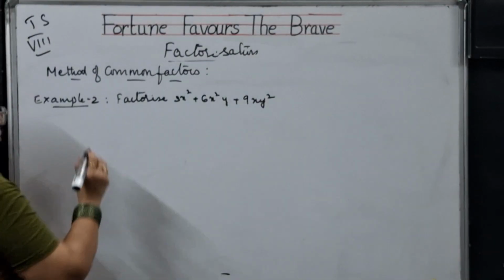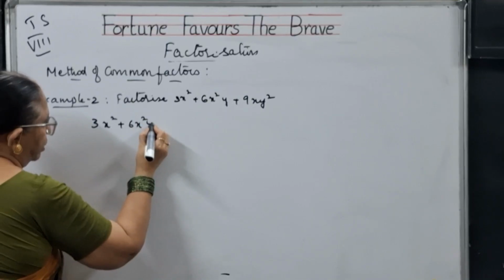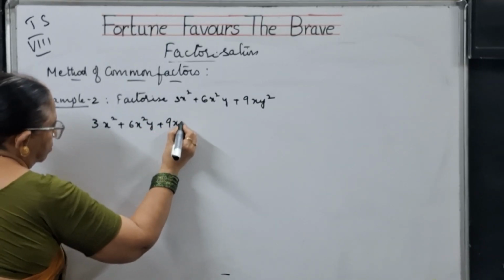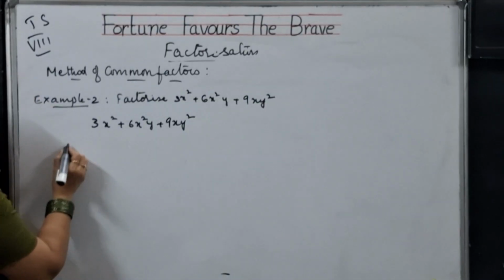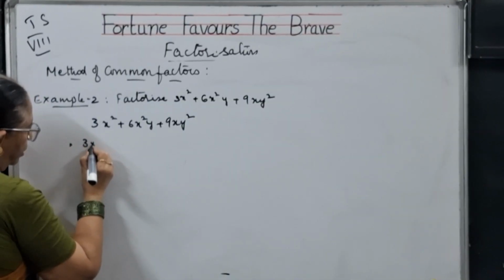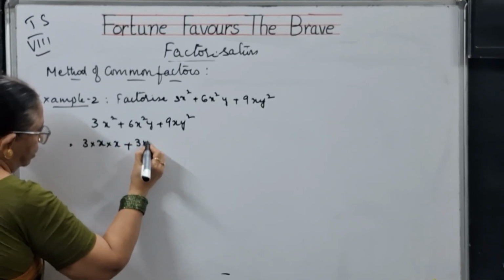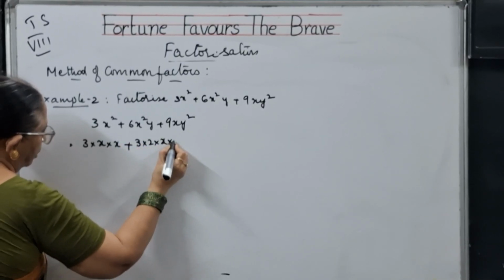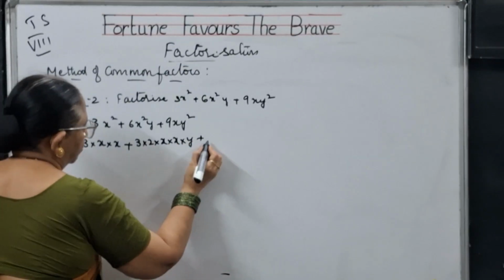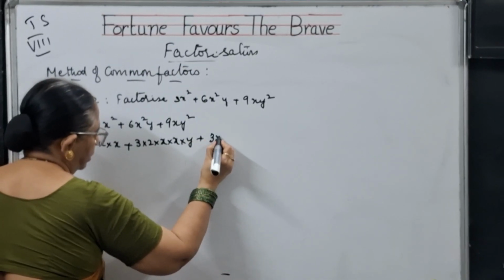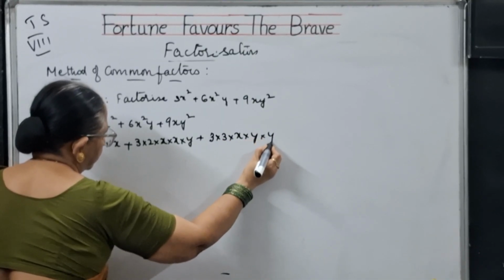The problem, children. The problem is 3x square plus 6x square y plus 9xy square. We need to factorize it. So as we have done in the same way, here 3x square, 3 into x square, plus 6 means 3 into 2 into x square, x into y, plus 9xy square, 9 means 3 into 3 into x into y.